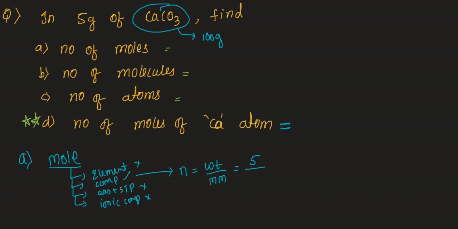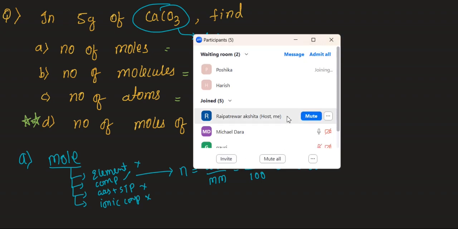If you already remember this value, it will be very helpful for you. So 5 divided by 100, how much do we get? 0.05. I hope you understood how to find out the mole. Don't worry, the more questions we do, the more new ideas you are going to get.